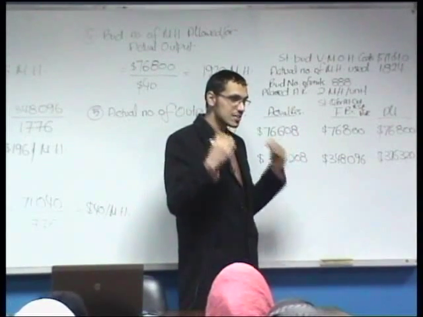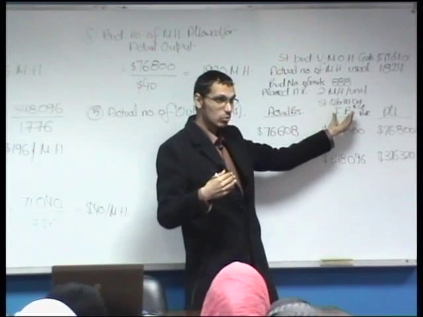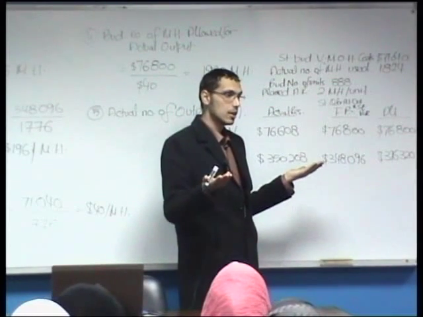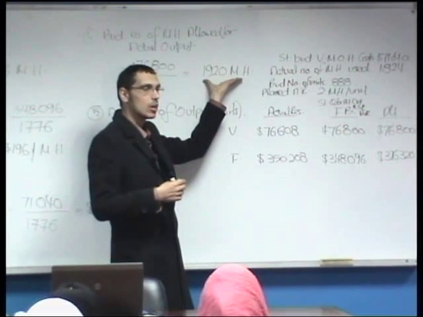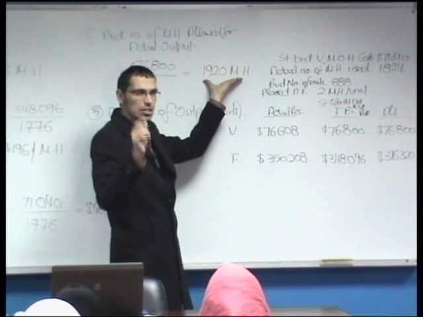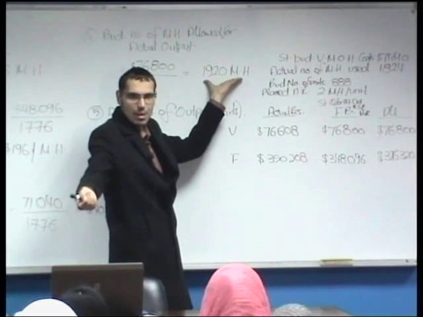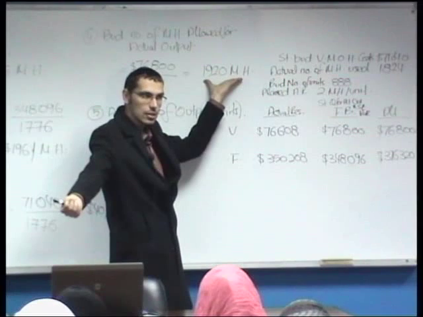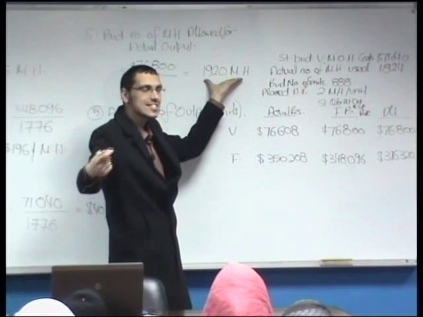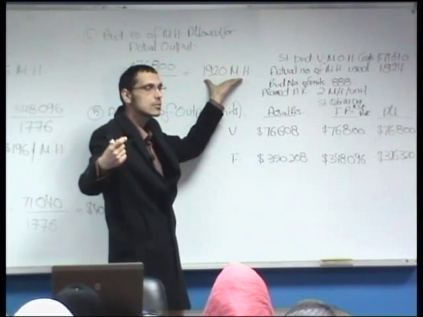And we just said that the flexible budget amount is concerned with that. It means that the 1,920 machine hours is the standard machine hours to produce this number of actual output, correct? Therefore, what is the standard machine hour per unit?